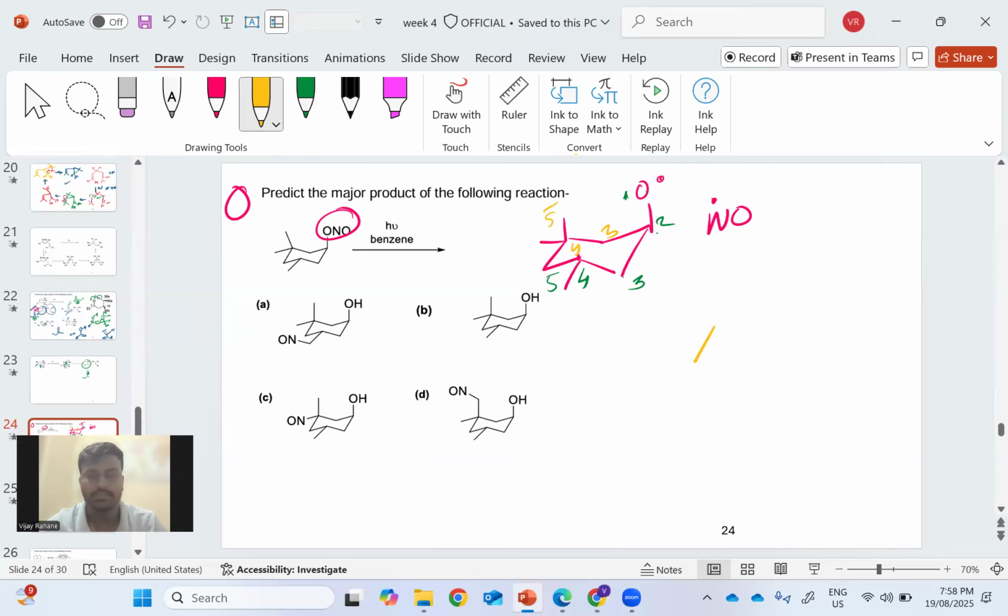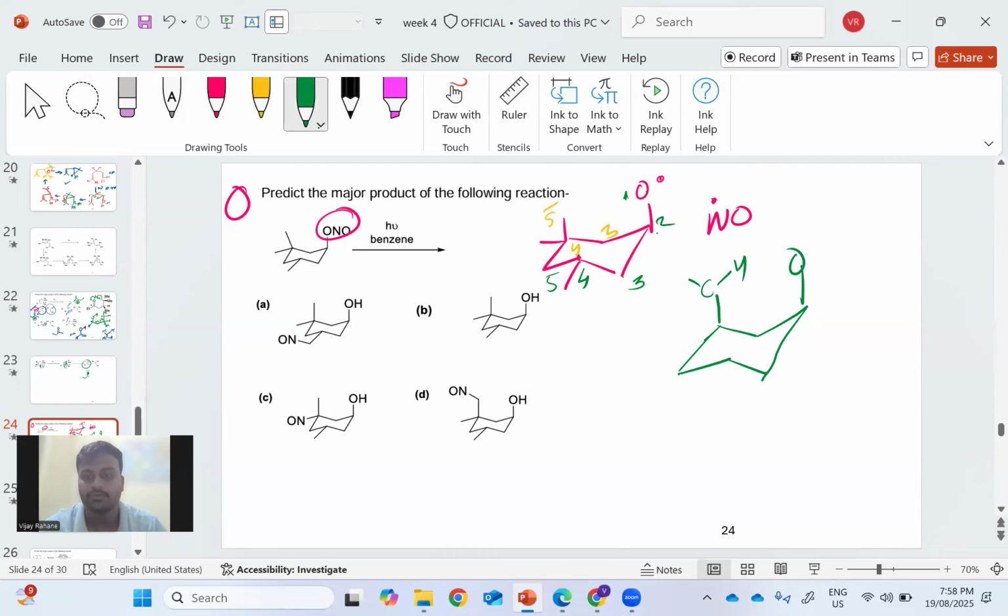So obviously, the proton which is at the, so this was O, and there was the methyl group, right?